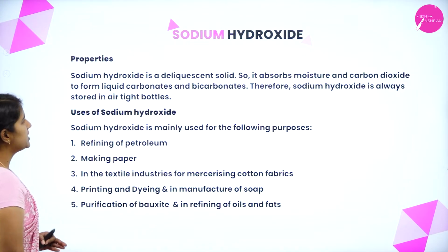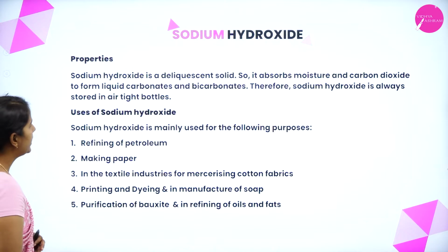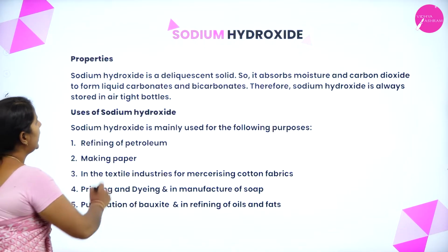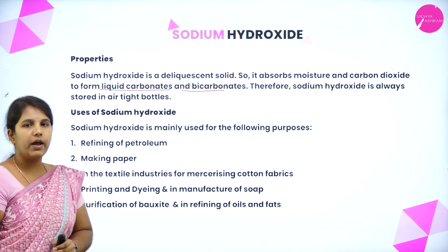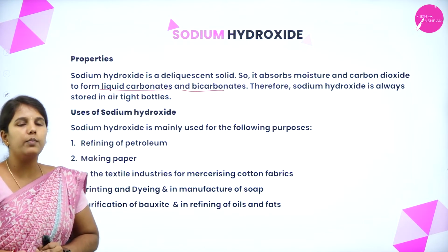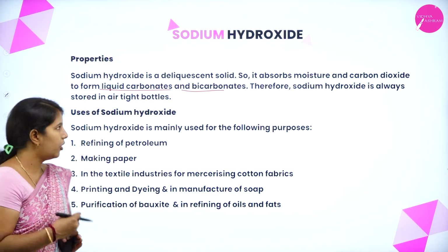Sodium hydroxide is a deliquescent solid, so it absorbs moisture and carbon dioxide from the air to form carbonates and bicarbonates. That is why we store sodium hydroxide in airtight bottles.